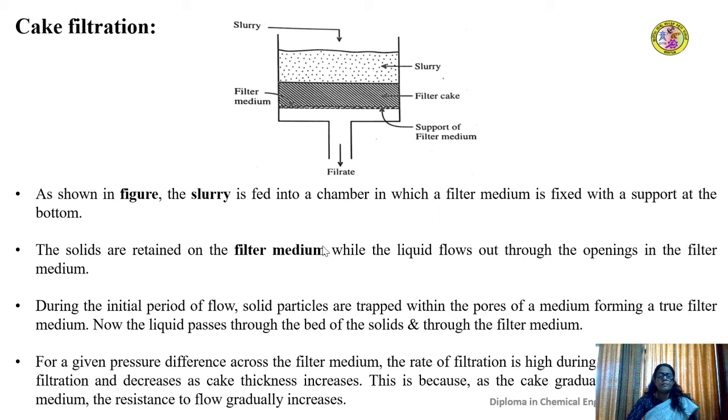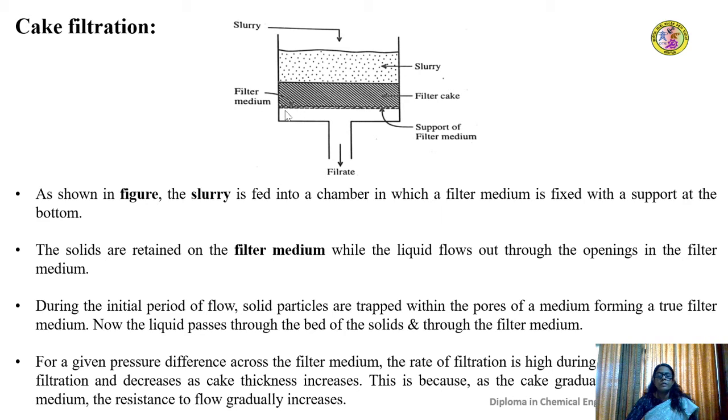During the initial period of flow, the solids are trapped within the pores of the filter medium, forming a true filter medium. So during the initial stage, some of the solids will block the pores of the filter medium. They get trapped inside the pores, and that actually forms the filter medium.